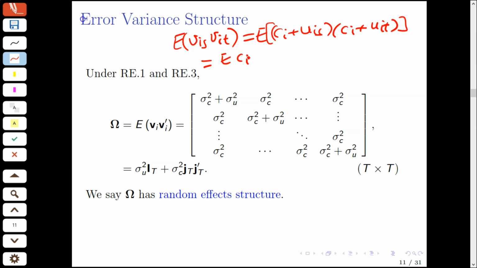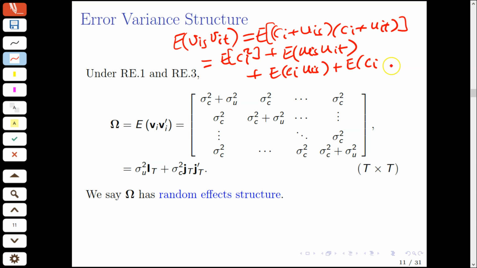Now, expanding, we get the expectation of the square of the individual effect, plus the product of the idiosyncratic errors, plus two terms which interact the individual effect with idiosyncratic errors in various time periods.